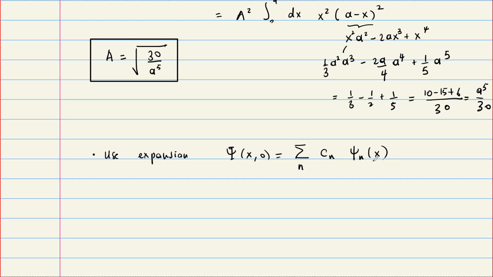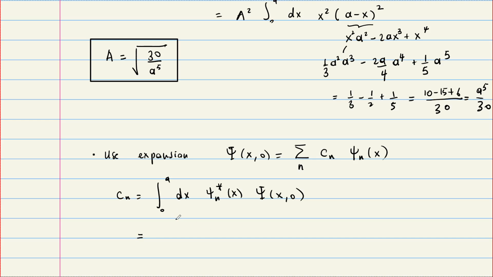And the job is to calculate the cn's. cn is the integral from 0 to a dx of psi n star of x times uppercase psi of x comma 0. Now let me write what this function is.